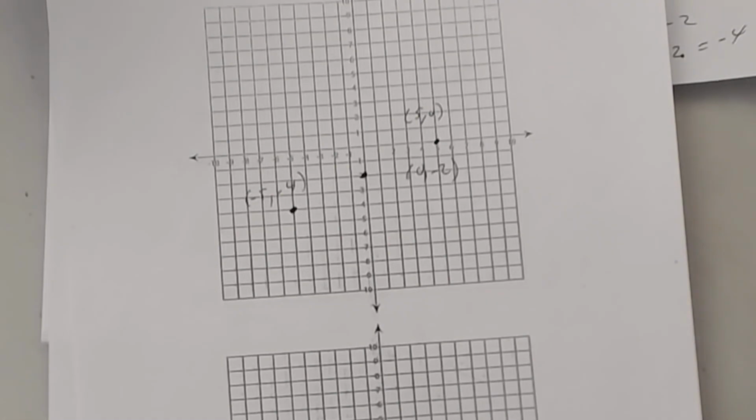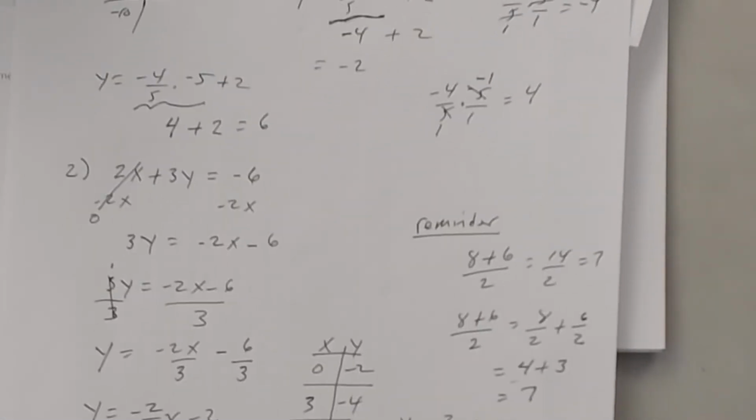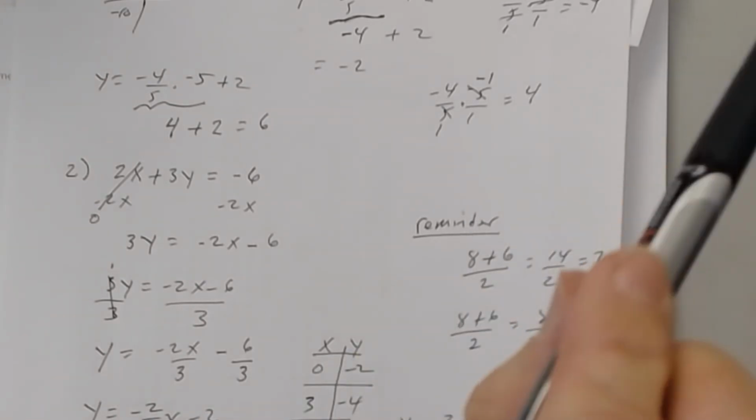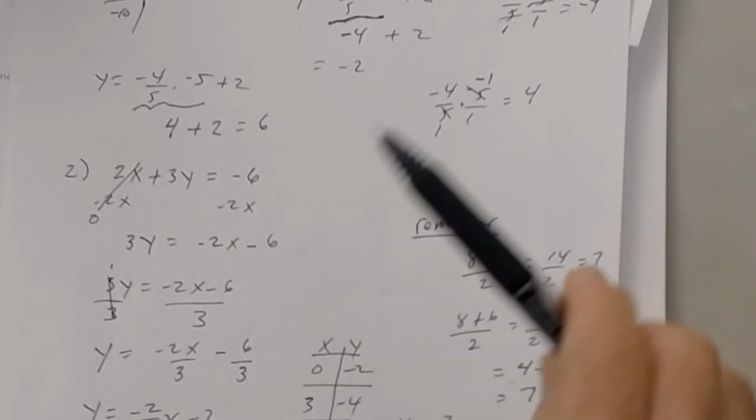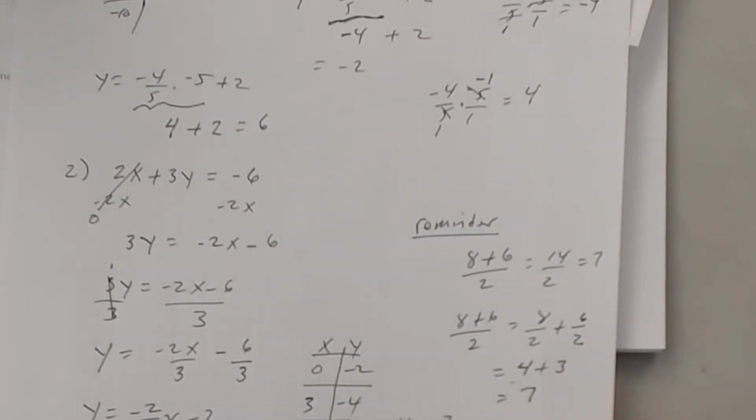Yes. What is a negative fraction? When you move the 2 over to the right side, isn't it negative y equals negative 2x minus 2? I'm sorry, I have y equals negative 2/5 x minus 2.